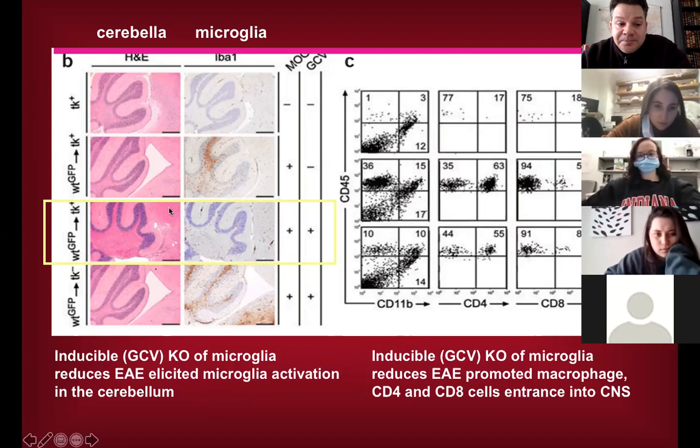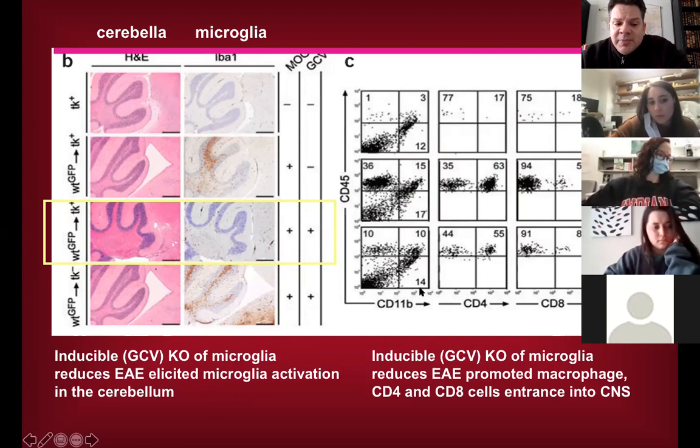The brown staining here is supposed to be microglia reactivity in the disease. In the microglia knockout, you really shouldn't see any microglia. They then look at a number of flow markers and the infiltration of T cells and cytotoxic T cells, and see less if microglia had been eliminated.